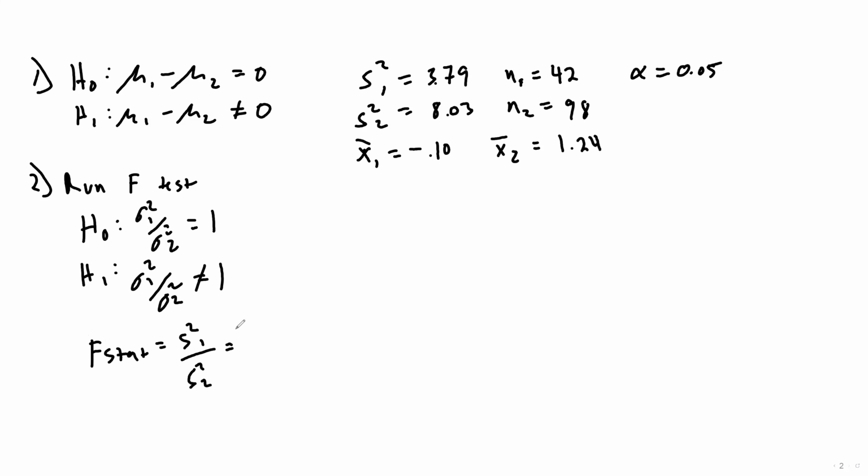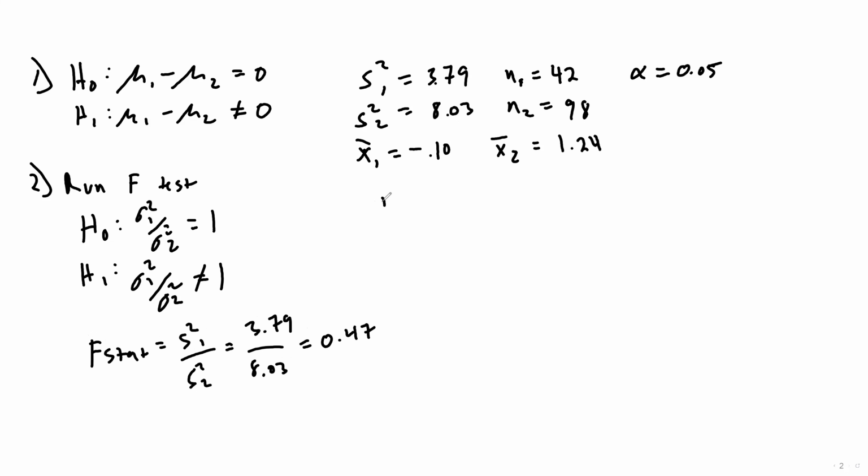Plugging in our values, it should be 3.79 divided by 8.03. You can pause the video, report the answer. It's going to be 0.47. That's your F stat. That's your evidence.